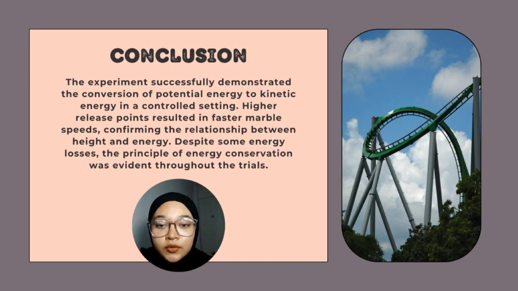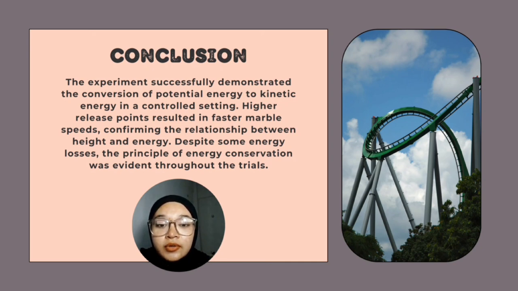Last is conclusions. The experiment successfully demonstrated the conversion of potential energy to kinetic energy in a controlled setting. This experiment showed that as the starting height of the marble increased, so did its speed at the bottom of the track.